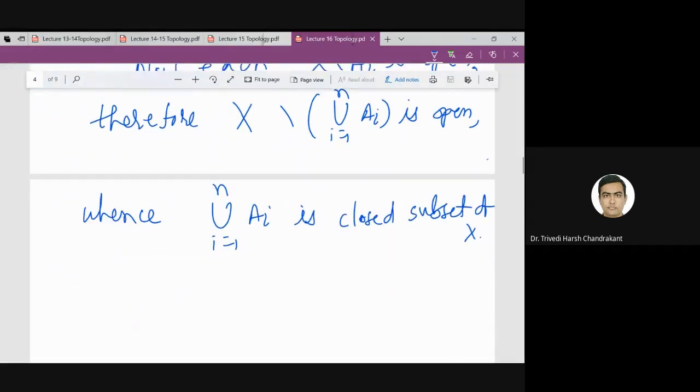So these are just simple properties corresponding to closed sets. Whatever properties we have for open sets, we have the corresponding properties for closed sets.